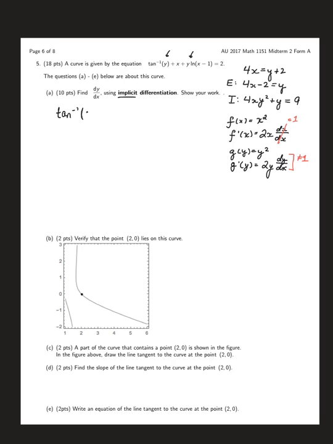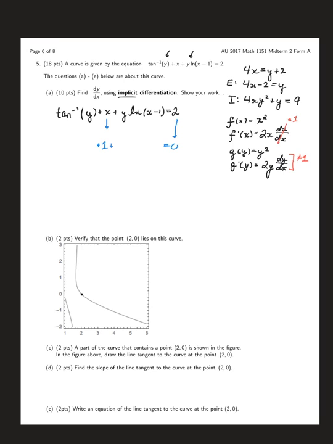Tangent inverse of y plus x plus y times the natural log of x minus 1 is equal to 2. Now, for the derivative, we'll start with the easy pieces, so to speak. The derivative of x is going to be 1, and the derivative of 2, be careful, is 0.